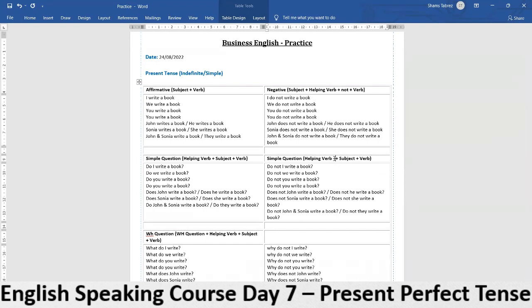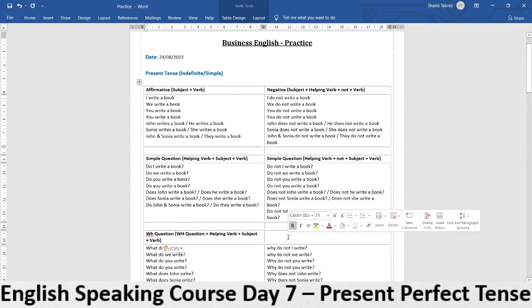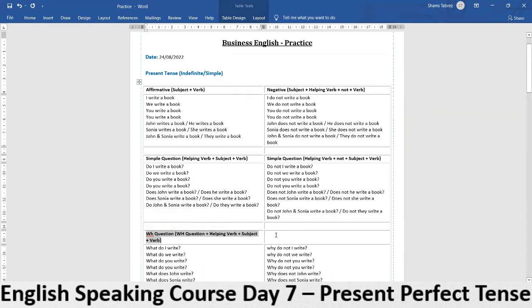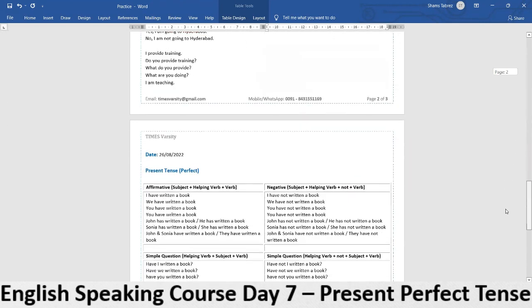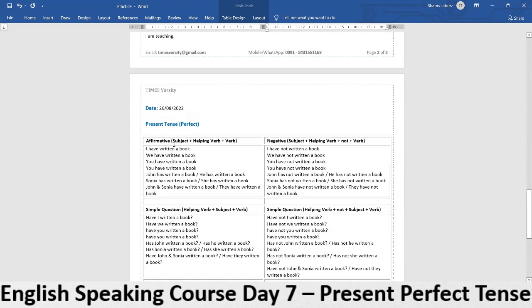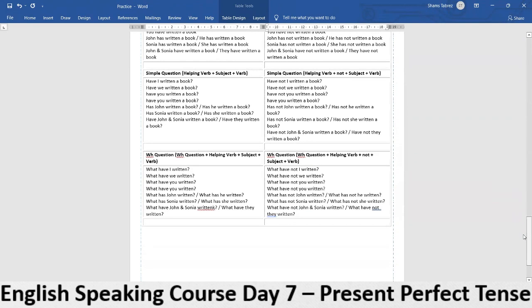Helping verb plus not word plus subject. Copy from here and paste here. For WH question, helping verb plus not, then subject. Okay. All right.